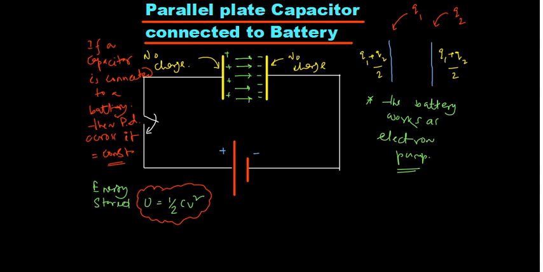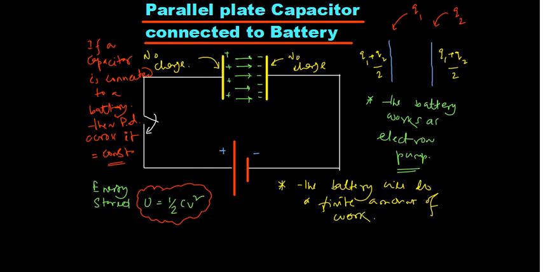Now whenever a capacitor, whether it had an initial charge or not, is connected to a battery, the battery will supply some kind of excess charge, right? So in the process, the battery will do a finite amount of work, and this work done by the battery, WB, is written as Q excess into delta V. Don't forget this.